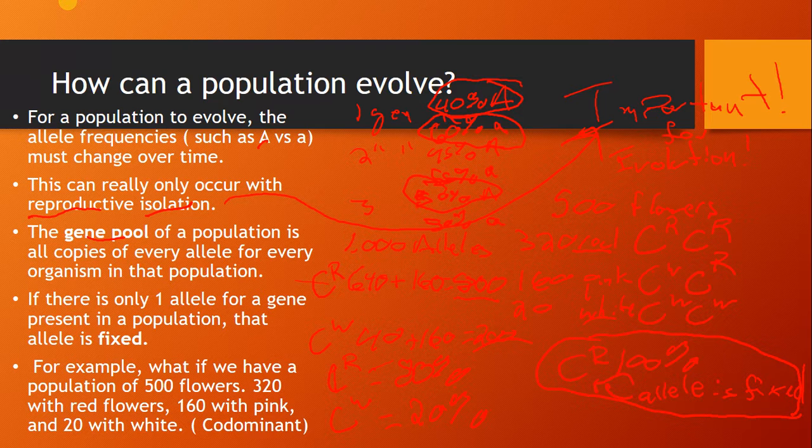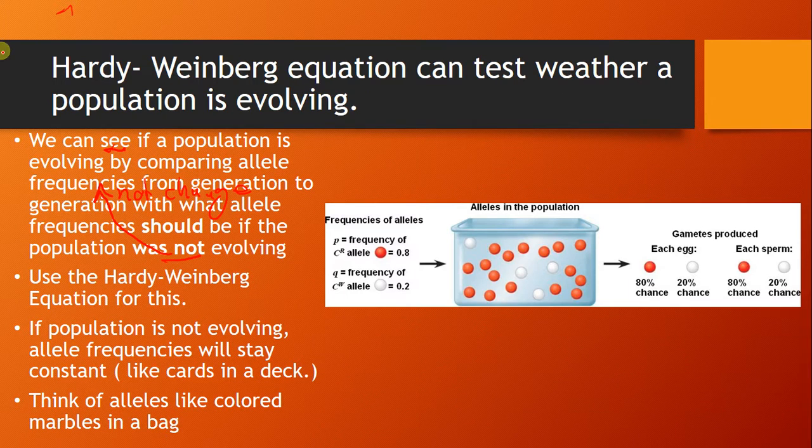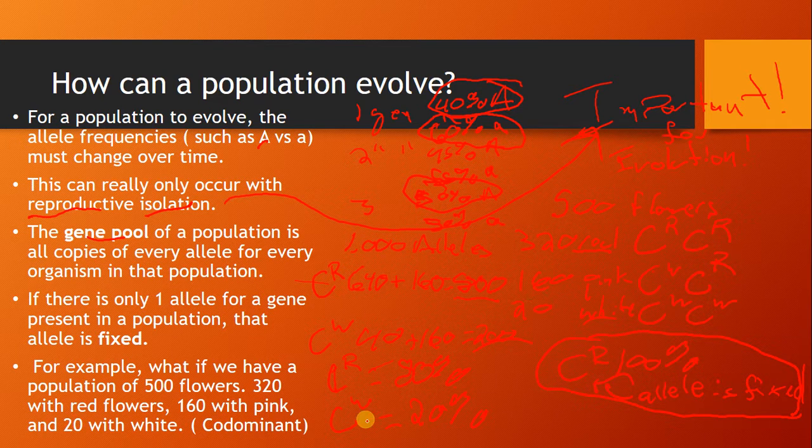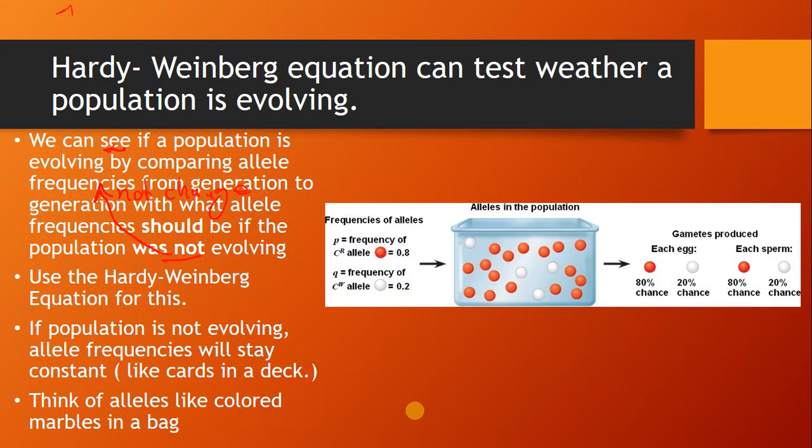So going back to the CR and CW alleles for our flowers, we said that the red allele, or CR, was 80% frequency in that population of 1,000, and CW was 20% in the population. And in the Hardy-Weinberg equation, P equals the frequency of one allele, and Q is the frequency of the second allele.